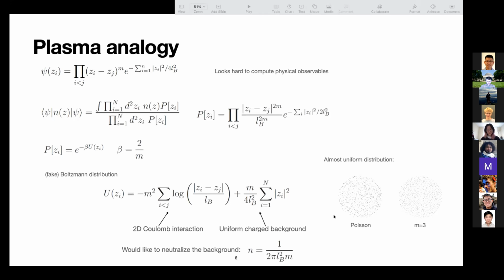But what's new is that we get an almost uniform charge distribution, which is not very obvious from the form of Laughlin's wave function. From this wave function, you might think that z equals 0 is some special point, but it's actually not.